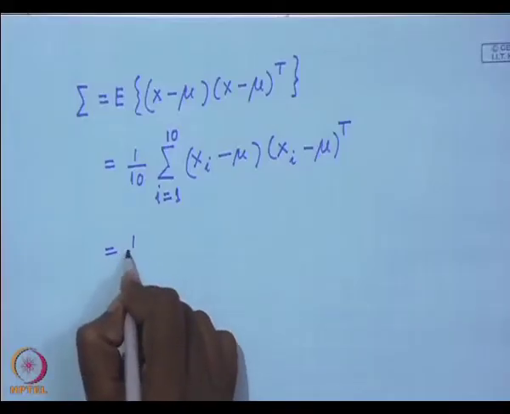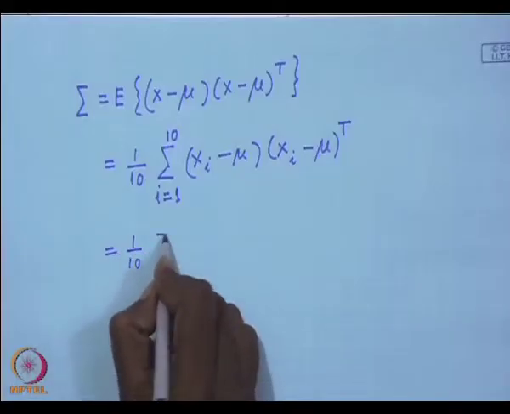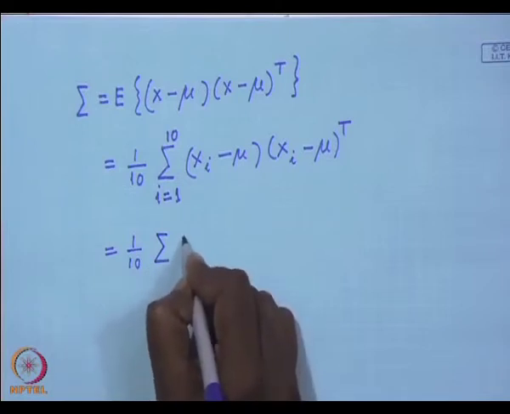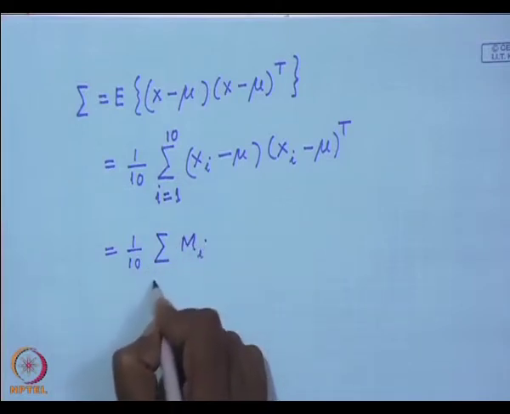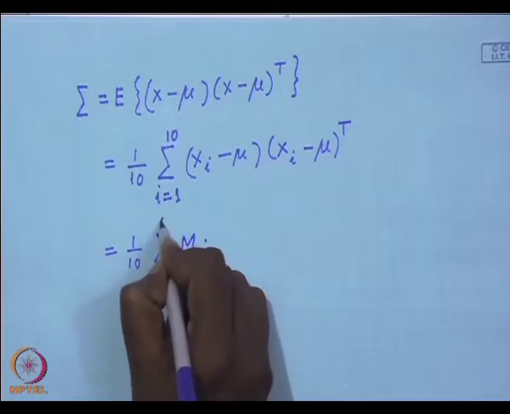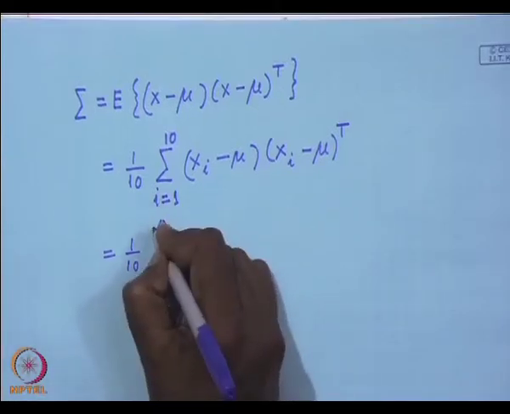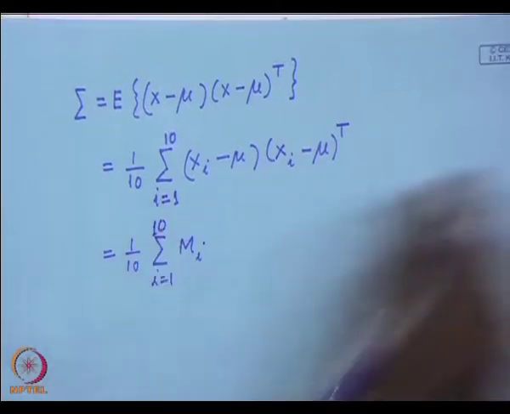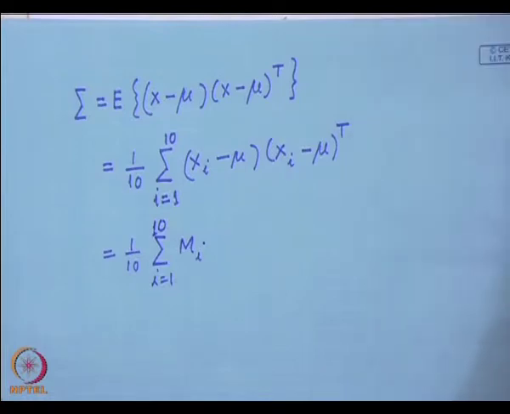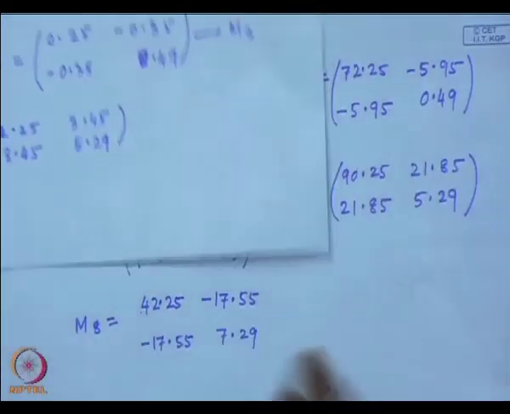So, this expression will simply be 1 upon 10 into the summation of M I varying from 1 to 10. So, effectively what I have to do is add all these 10 matrices, M1 to M10.